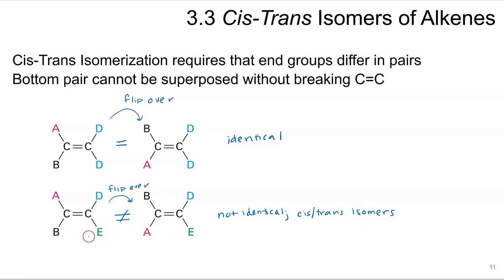The only way that I can make them the same is by breaking bonds. So on the first one, A is next to D, or on the same side of the double bond as D. And on this side, they're on opposite ends. The only way that we can make them the same is by breaking bonds and doing a rotation. That makes them stereoisomers of each other.